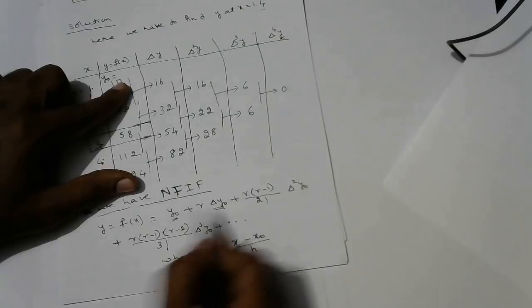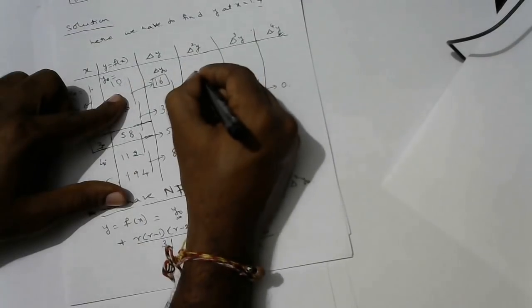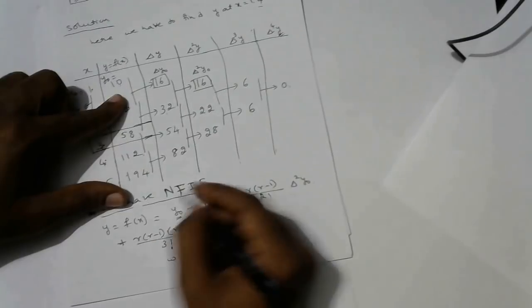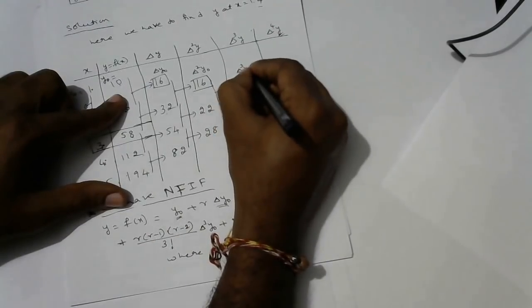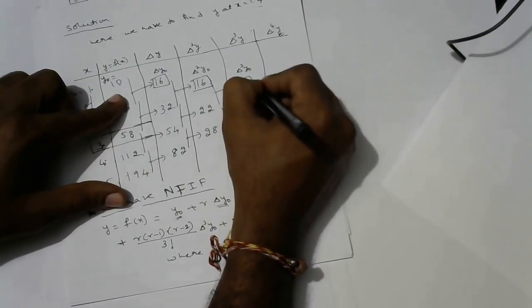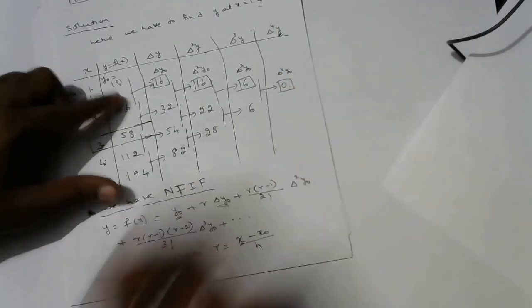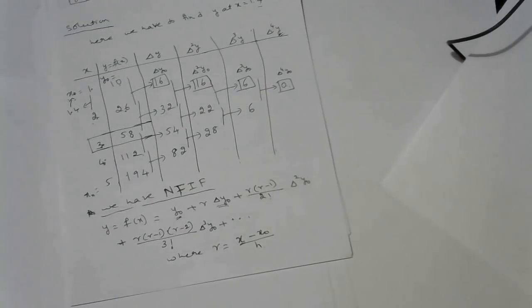And here you have to find delta y naught. This is your delta y naught value, this is your delta square y naught value, this is your delta cube y naught value, and delta to the power of 4 y naught value. Right.